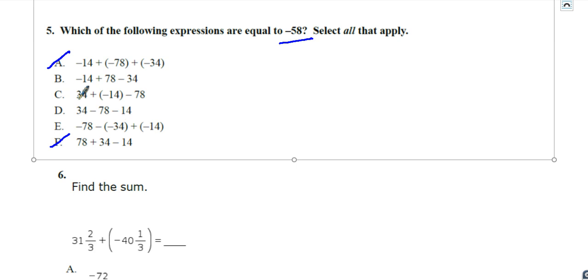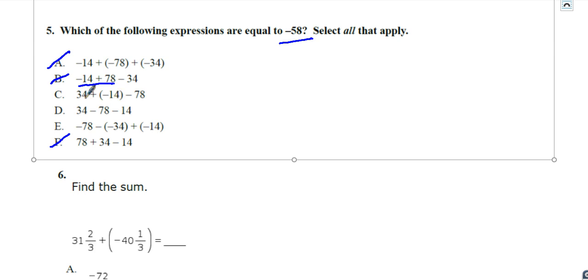Technically I have the right to do these in the order I see fit, but negative 14 plus 78, that's going to be positive, because the signs are different, I'm going to subtract them, so 78 minus 14 is going to be 64, and so 64 minus 34 will not give me negative 58. 34 plus negative 14, again, I have different signs here, so that's going to be positive 20.